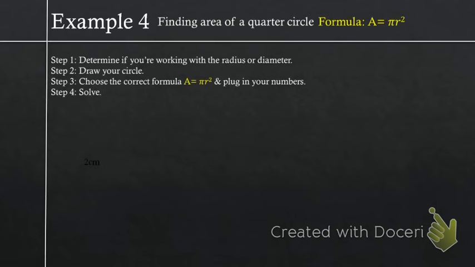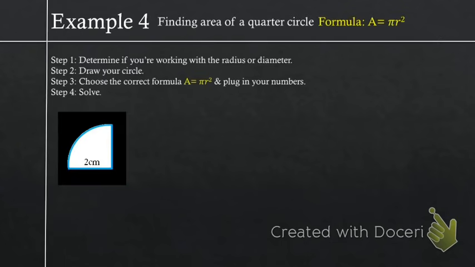Okay, example 4 is finding it for a quarter circle. Same thing here for a quarter circle, but instead of dividing by 2, in the end you will divide by 4, because a quarter is 1/4 of a circle. Okay, so same formula. The radius is given, so we don't have to find our radius.